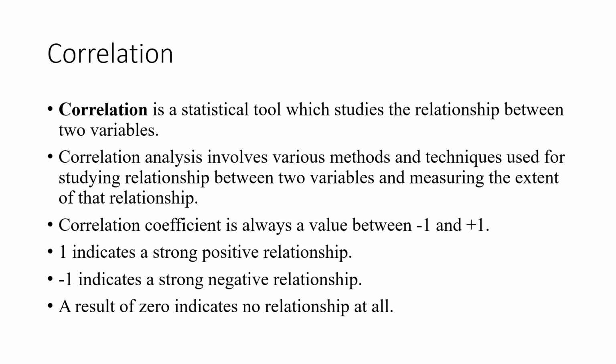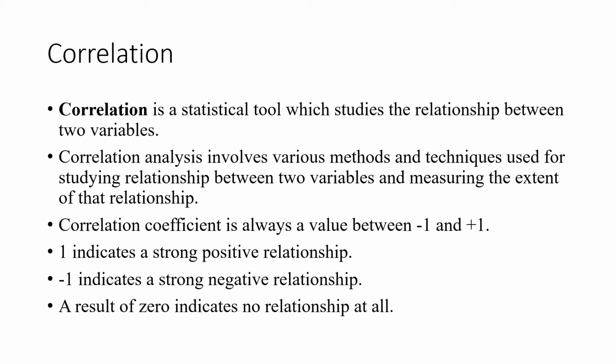Correlation is a statistical tool which indicates the relationship between two variables. Correlation analysis involves various methods and techniques used for studying the relationship between two variables and measuring the extent of that relationship. For example, suppose we want to study the relationship between the price of a product and the demand for the product.